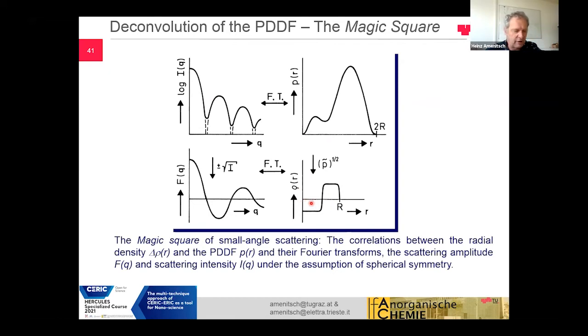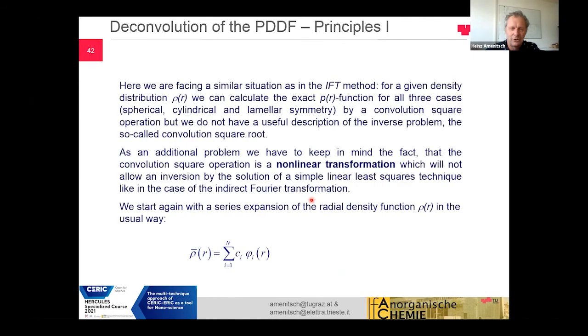Could be either spherical symmetry or axial symmetry in cylindrical systems, or just a thickness relation for plate-like systems. And how you solve this problem, assuming these symmetry relations, is shown in the next steps. So you have again a similar concept.